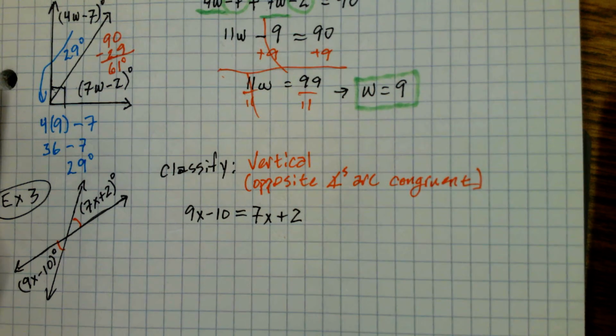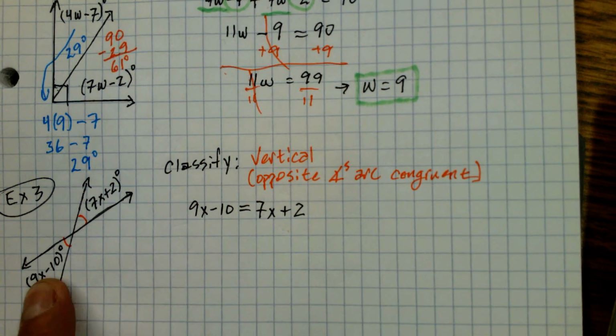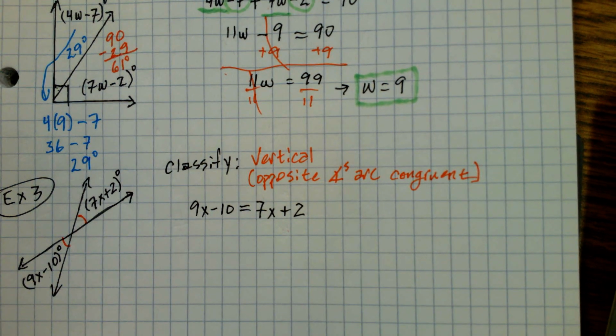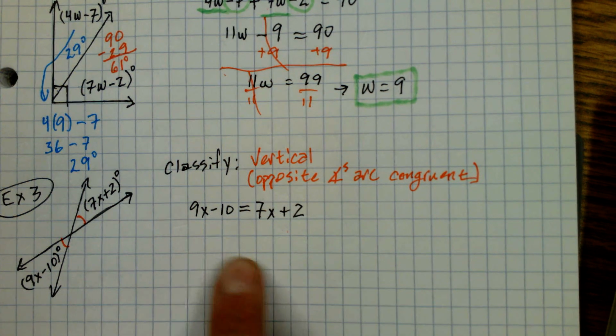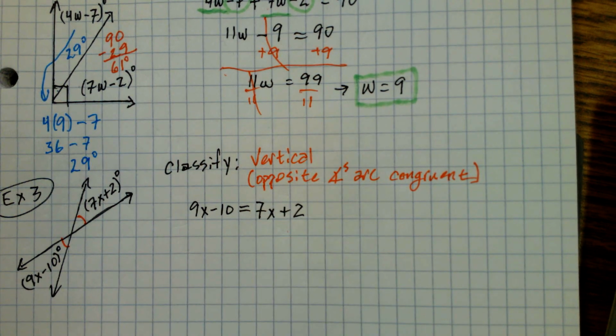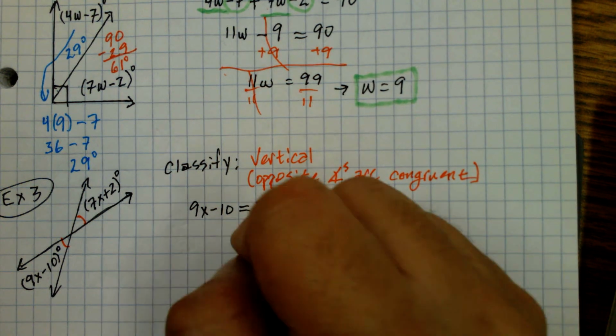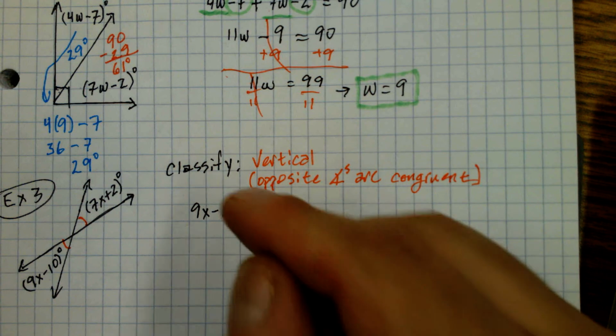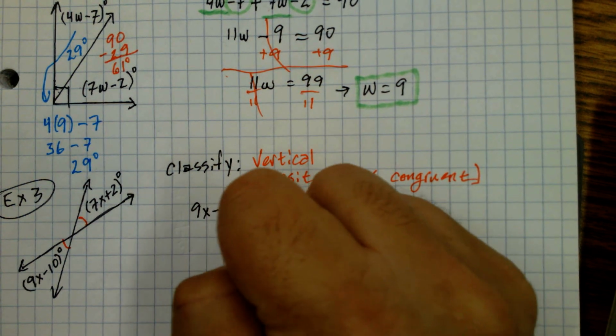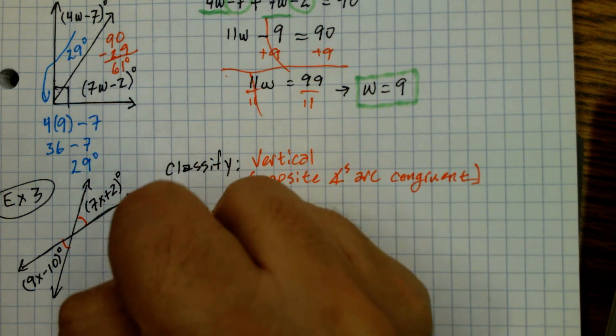Like that. So this angle equals that angle. And so that sets up where we have an equation with variables on both sides. Let's get rid of one of these x's. Let's get rid of this one. So it's 7x here. Let's get rid of it with a negative 7x and do the same thing on the other side.